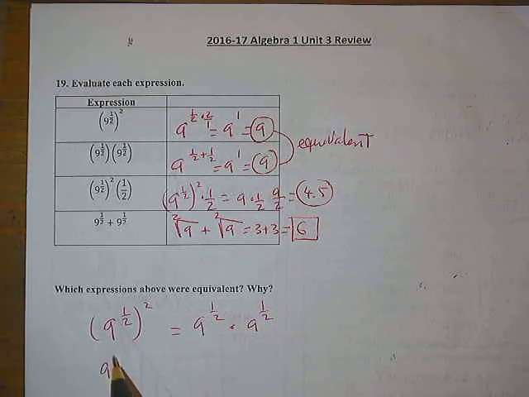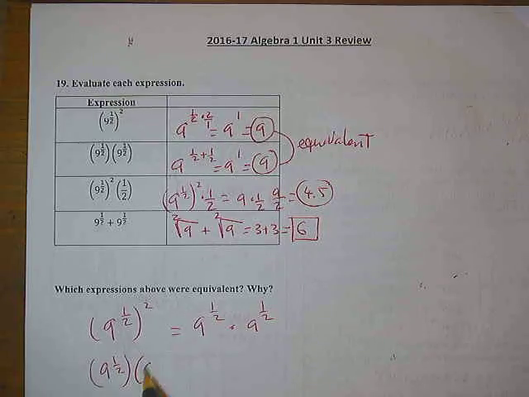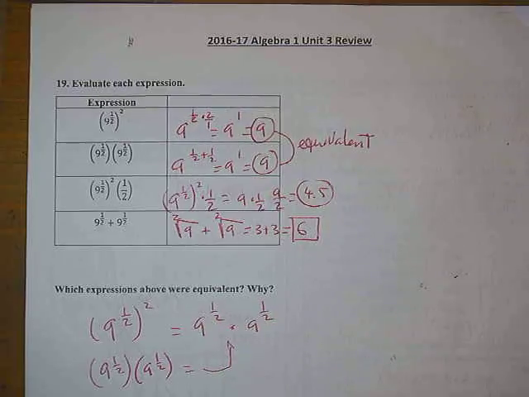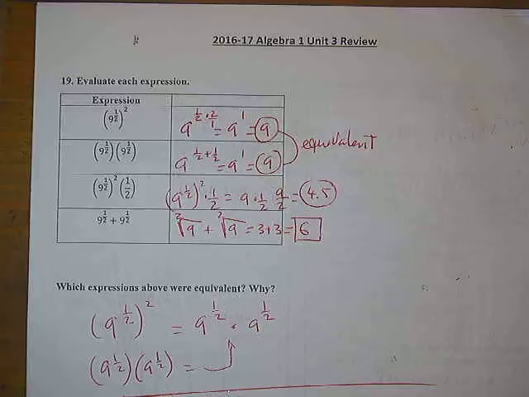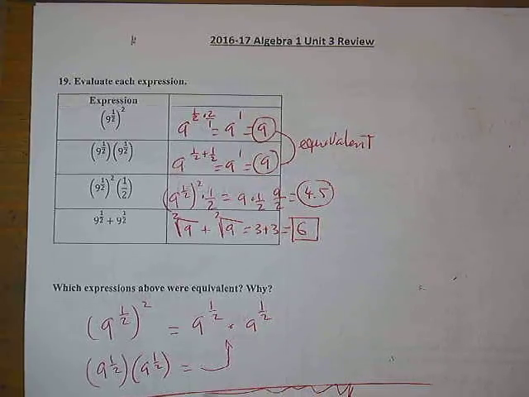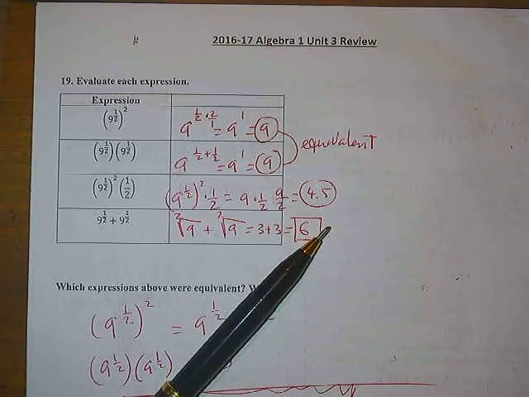And then this one, we're just adding, so we have to evaluate this. So this means it's the square root of 9 plus the square root of 9, which is 3 plus 3, or 6. So which are equivalent? I guess these two are equivalent, aren't they?